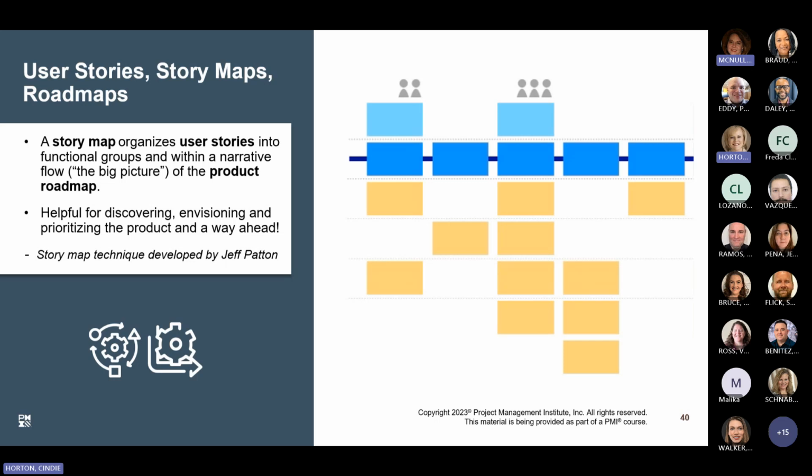A story map organizes those user stories into functional groups within a narrative flow, in other words, the big picture of the product roadmap. The user stories, story maps, and roadmaps are normally written and maintained by the product owner and organized and prioritized in collaboration with the team. We'll discuss story maps in more detail later.